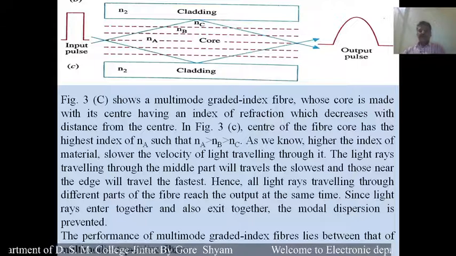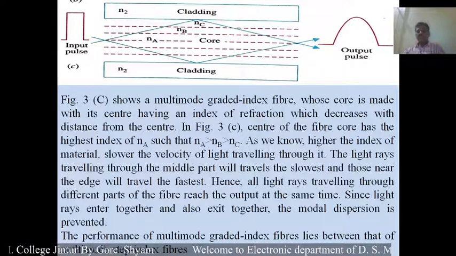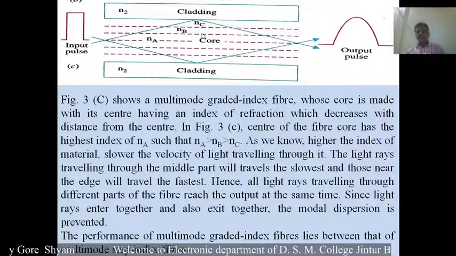In this way these are the different types of optical fibers: the multimode step index fiber, the single mode step index fiber, and the multimode graded index fiber.